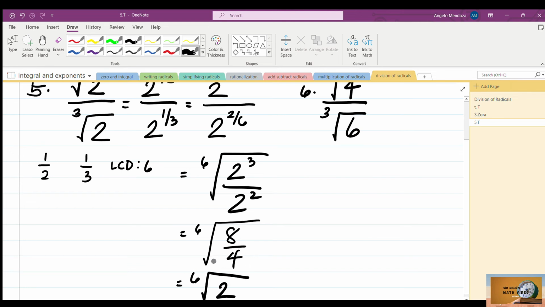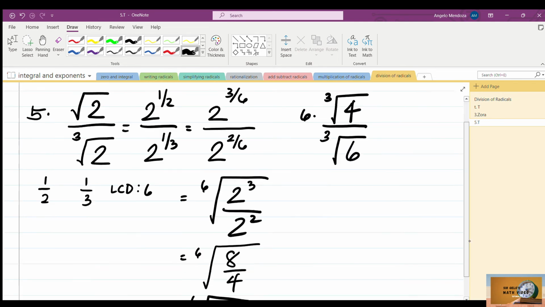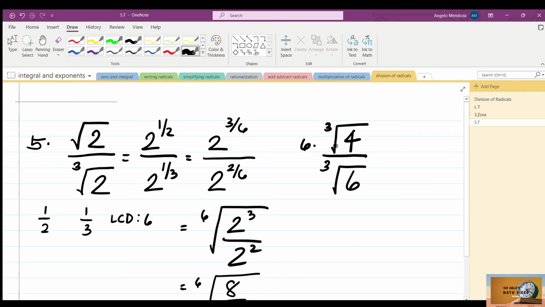Or here, just subtract the exponents using quotient of powers. So that's 3 minus 2, that's 1. So 2 raised to 1 is still 2. So the final answer is the 6th root of 2.